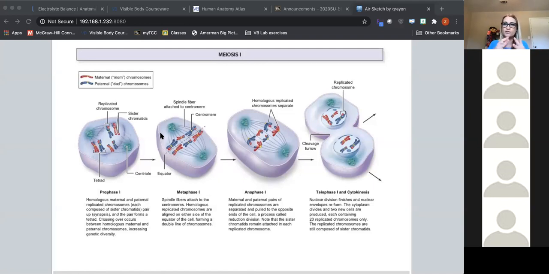When these homologous chromosomes are near each other in this tetrad structure, sometimes they swap pieces between each other. That would explain why you see a little bit of blue in that red one and a little bit of red in the blue one. What is happening right here is they are exchanging segments between each other.